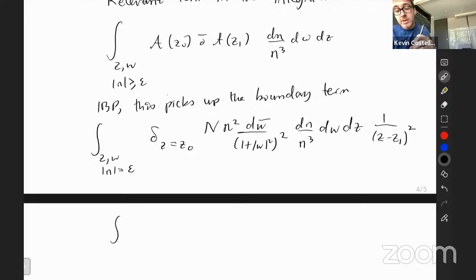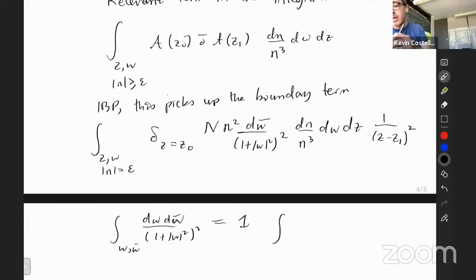The integral over w of dw bar over 1 plus w squared squared. This is just the natural volume form in CP1 for the Fubini-Study metric. So this is basically 1. It's a multiple of pi. So that part goes away.